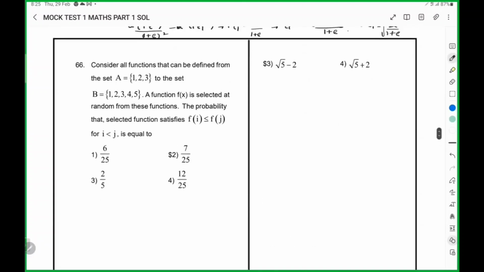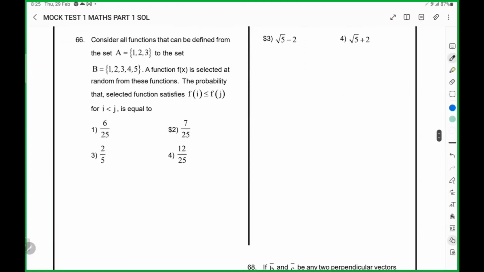Here it is. Consider all functions that can be defined from {1, 2, 3} to {1, 2, 3, 4, 5}.